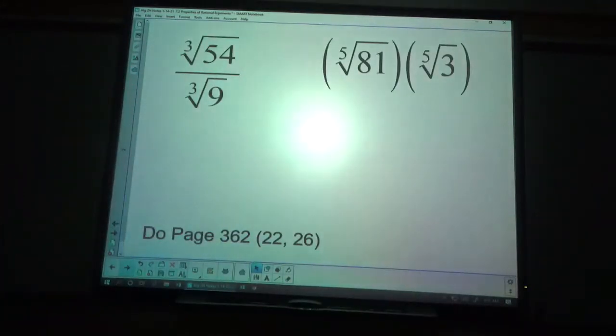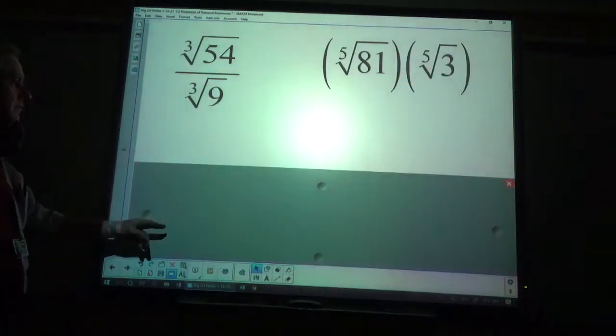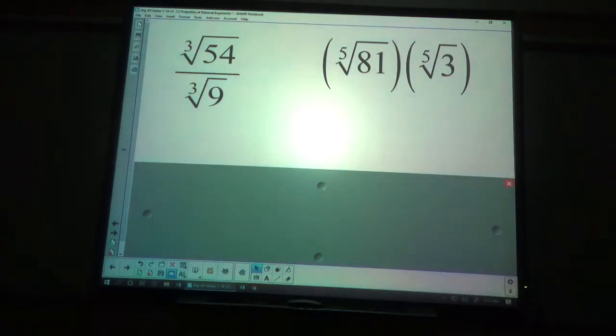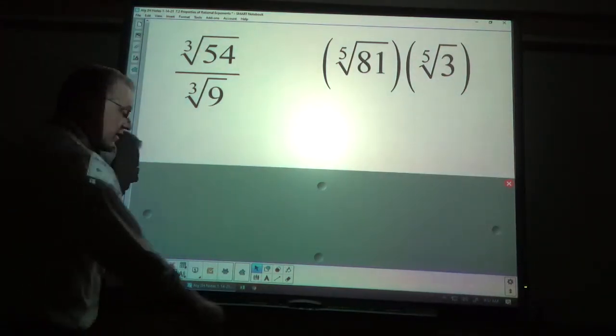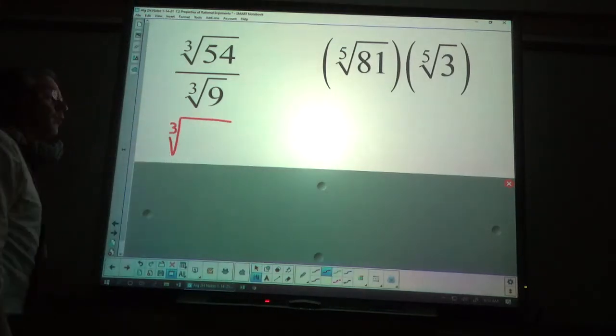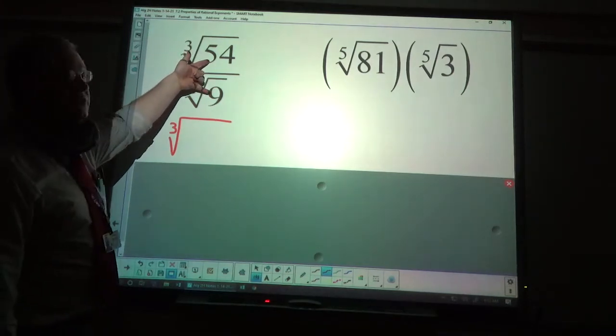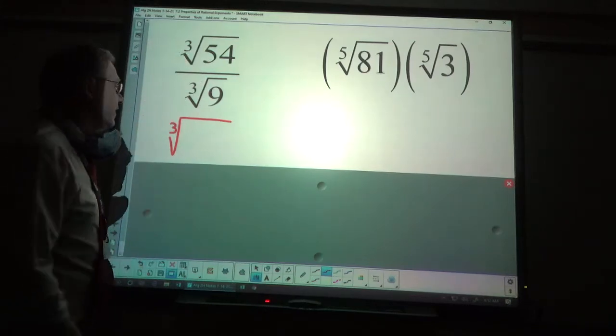Here's our next problems. There we go. On the top here, I have separate radicals. I can write that as one fraction. Now, why would I write it as one fraction? First of all, I'd write it as one fraction if I can reduce these two.